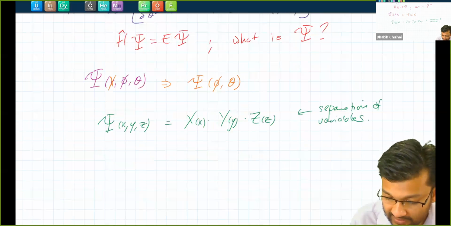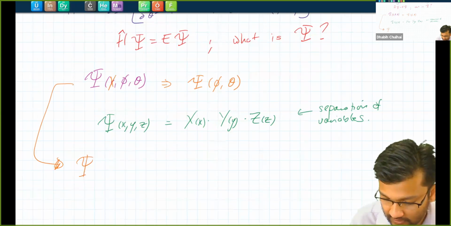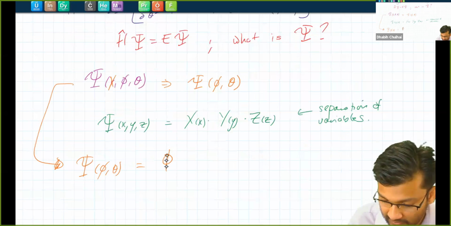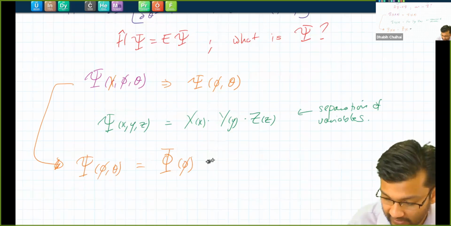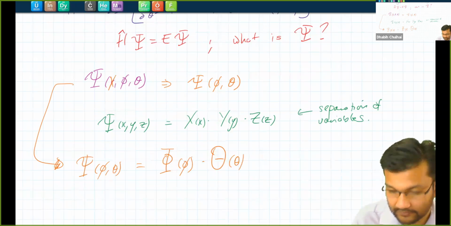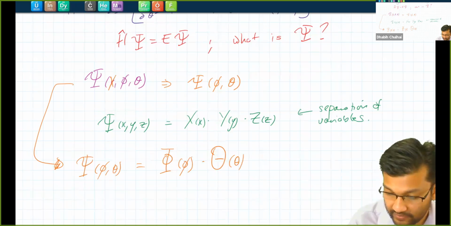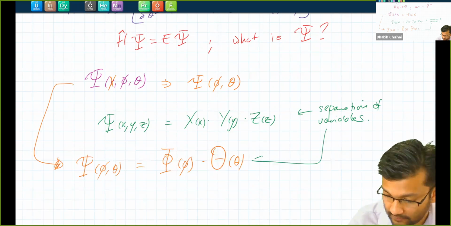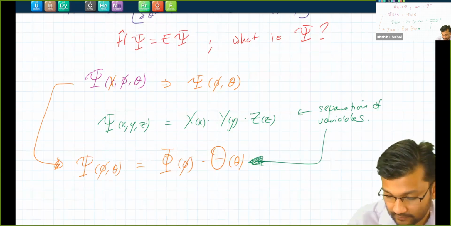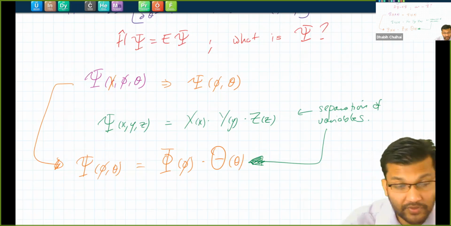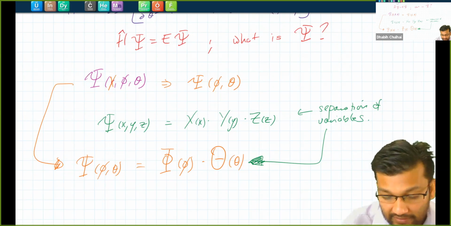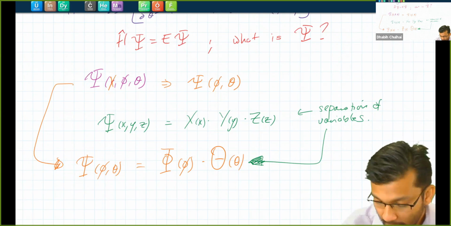We're going to assume that this wave function of phi and theta can be written as some wave function of only phi, and this is capital Phi, that's how you write capital Phi, times some wave function, that's capital Theta, of just theta. We're going to separate the variables like that. When you separate variables, things start to look easy, right? Or easier.